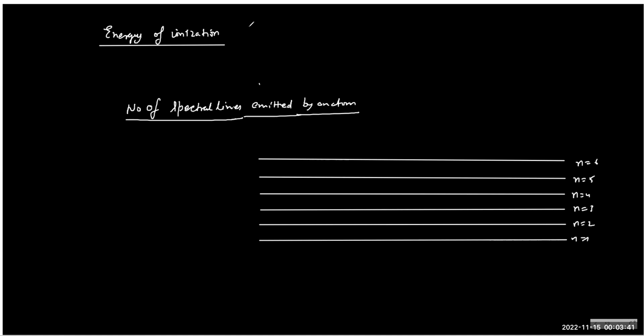Let's say an electron is in the 6th orbit. Then in how many ways can it come down? 6 to 1 directly, or 6 to 5 and then 5 to 1, 6 to 2 and 2 to 1, or 6 to 3 and then 3 to further something more. There are many possible transitions that a single electron can make from the 6th orbit.